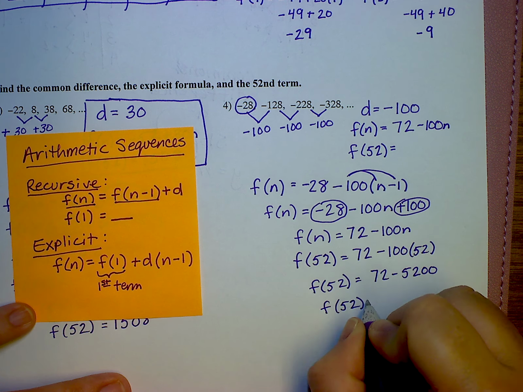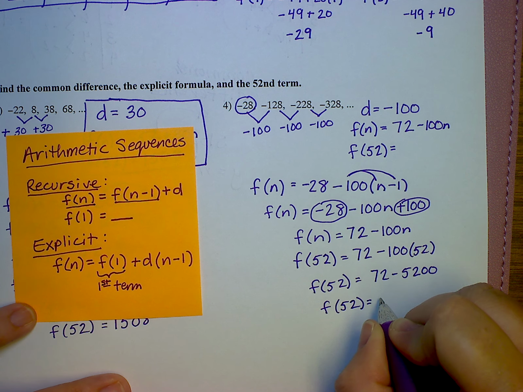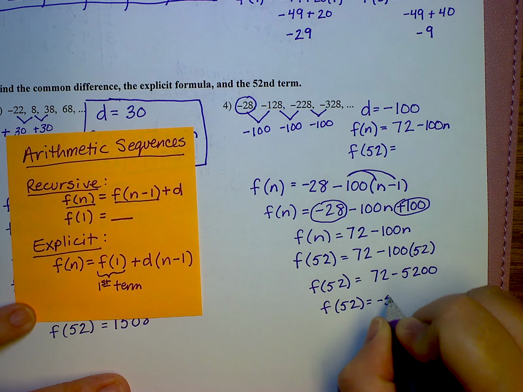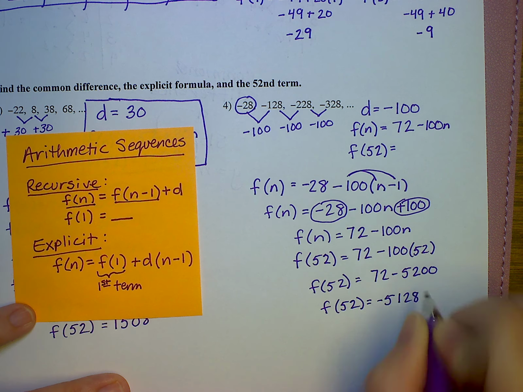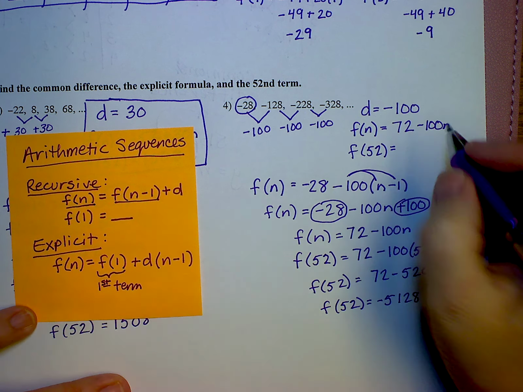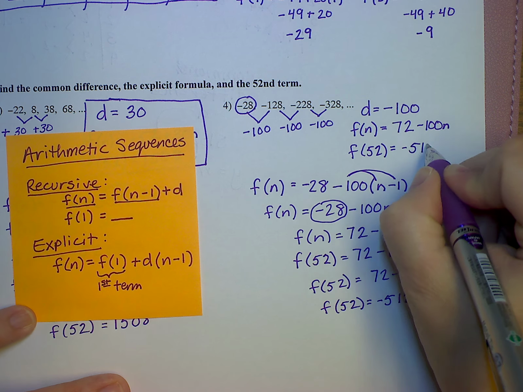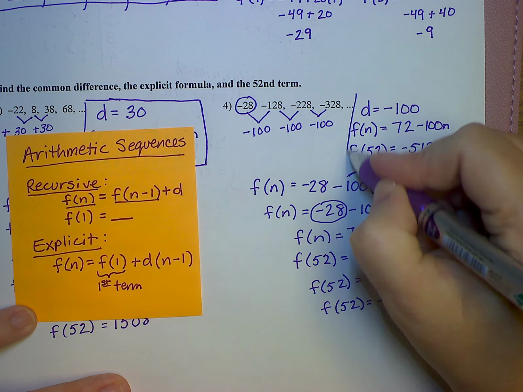What was that? Am I doing it wrong? No. Okay. I get negative 5128.